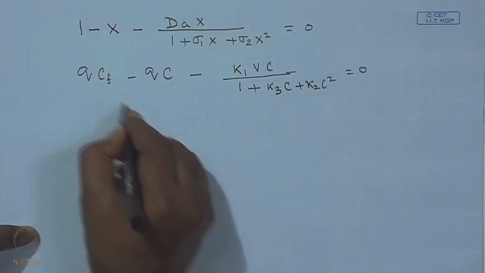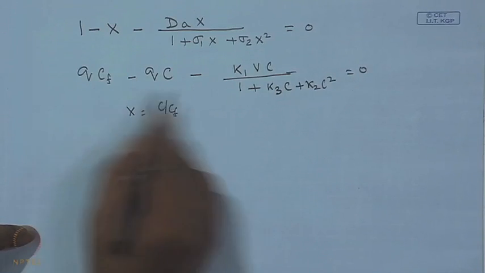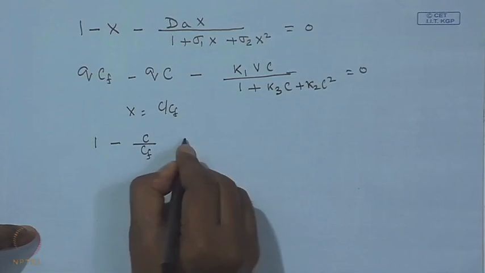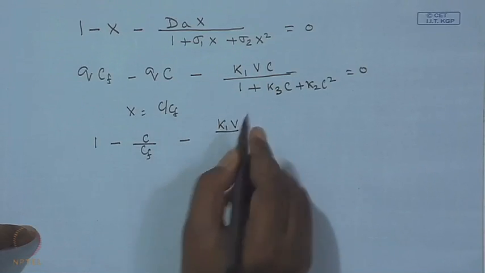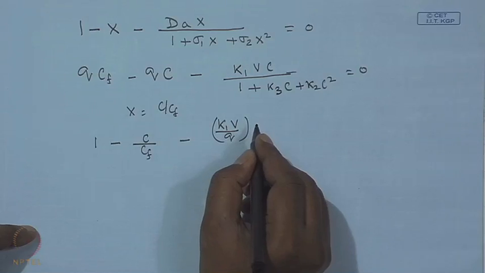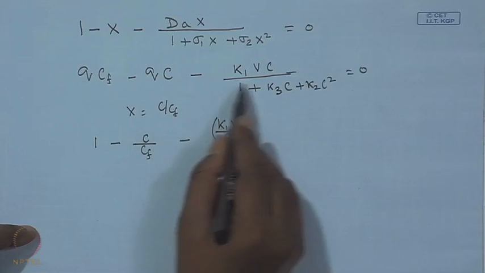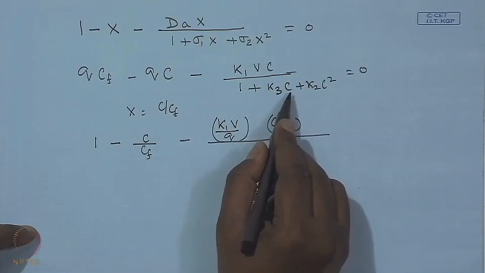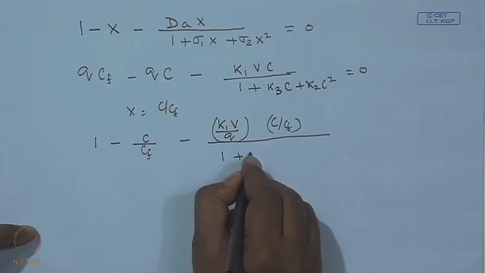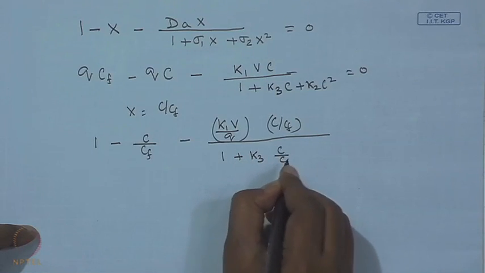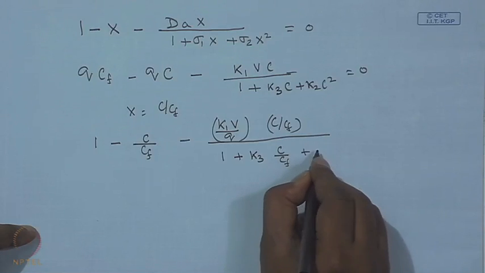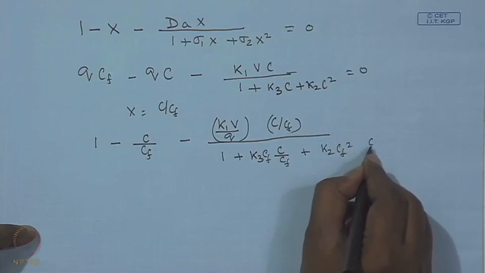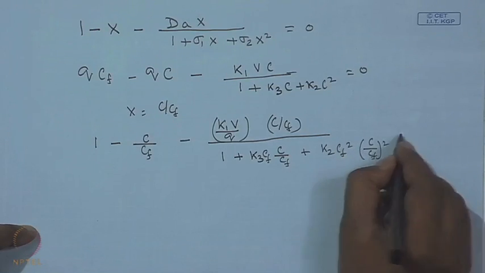We make it non-dimensional. We define x is equal to C by CF. So, dividing by Q and CF, this becomes 1 minus C by CF minus K1 V divided by Q times C by CF, the dimensionless concentration, and then we make the other terms non-dimensional too: 1 plus K3 CF times C by CF plus K2 CF square times C by CF whole square, equal to 0.